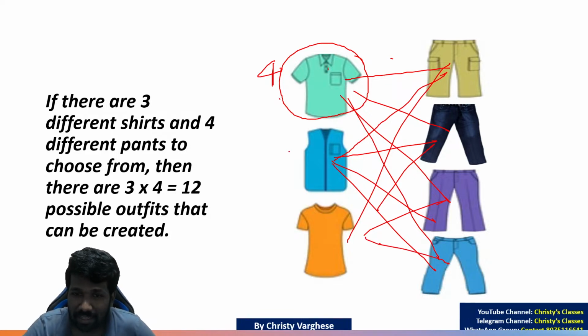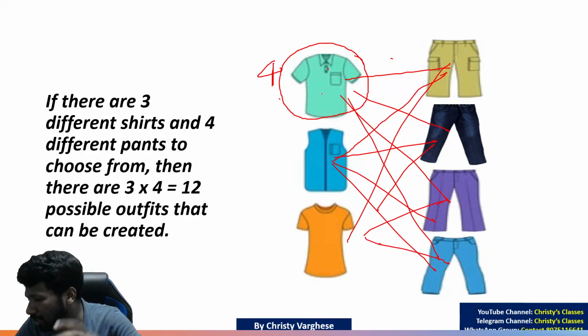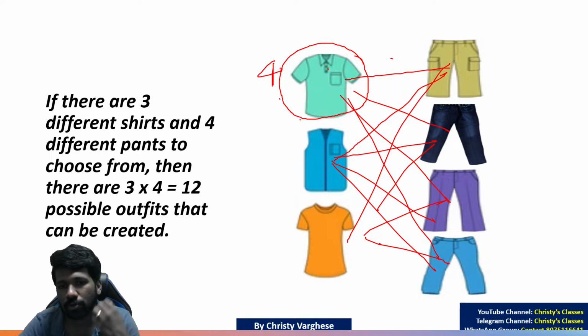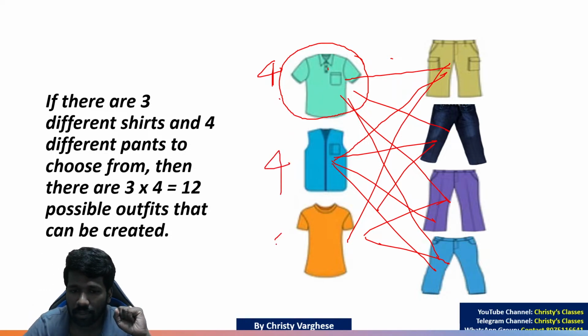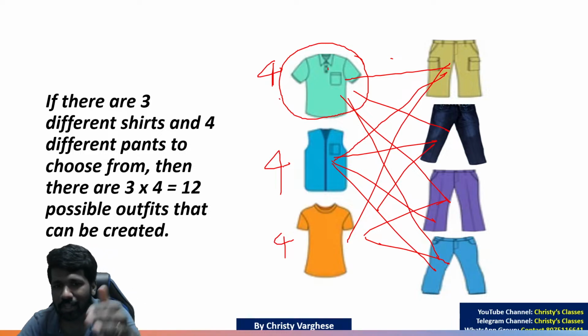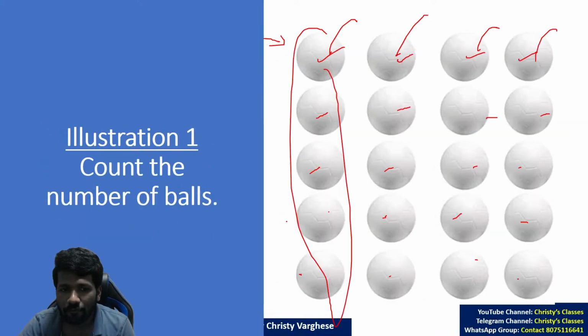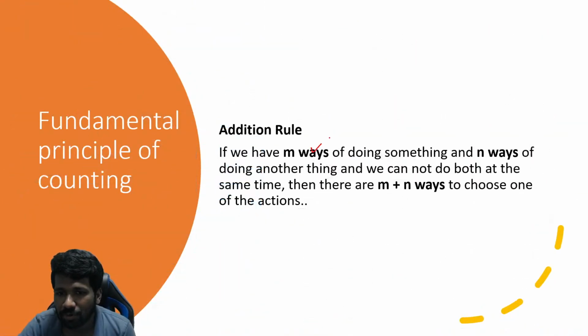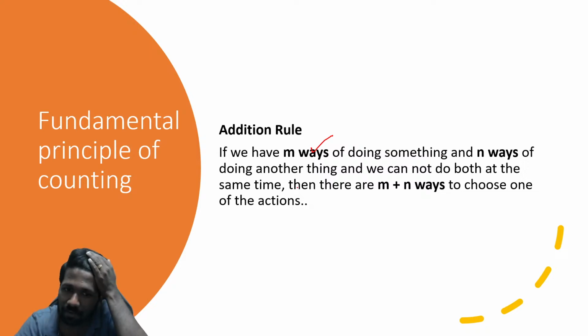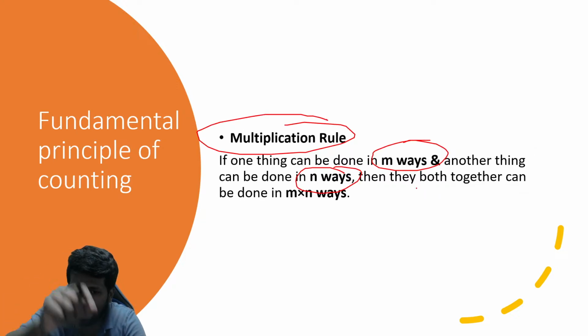And we are okay with shirt 1 choices, or shirt 2 choices, or shirt 3 choices. This or this or this. Or means addition. So 4 plus 4 plus 4. That is called the fundamental principle of counting, addition rule. If there are m ways of doing something and n ways of doing another thing, then there are m plus n ways of doing either this or that.